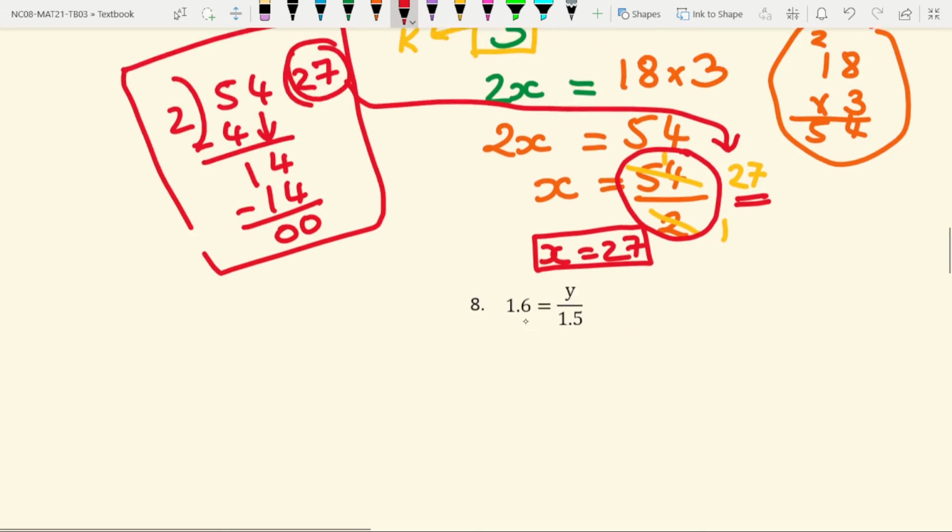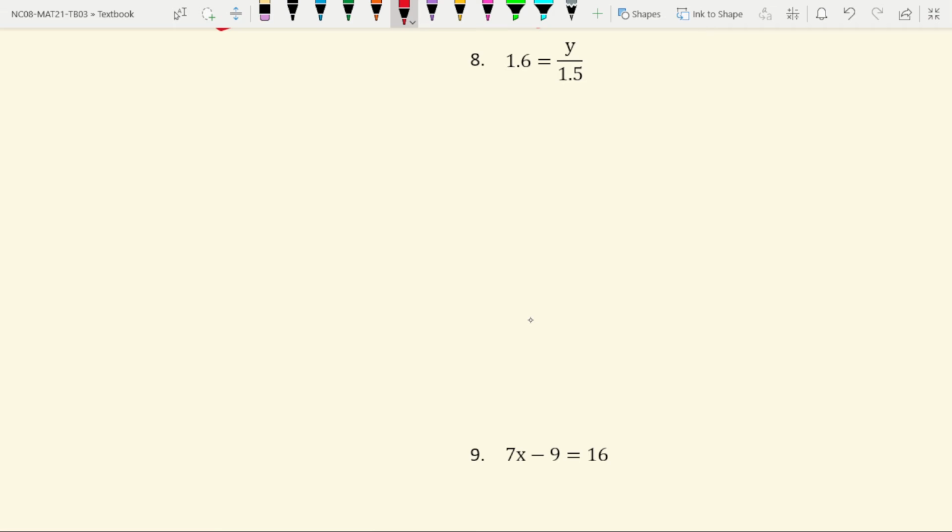So let us move to the next question now. In the next question, first let us see where the unknown term is. The unknown term is given in RHS, which is wrong. So we'll shift the whole RHS to LHS and LHS to RHS. First I will write as it is, 1.6 is equal to y by 1.5.